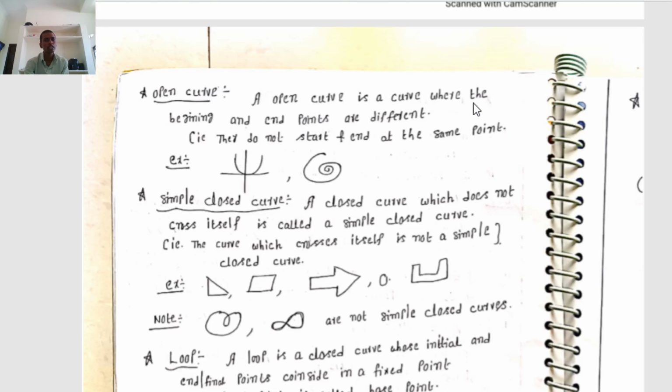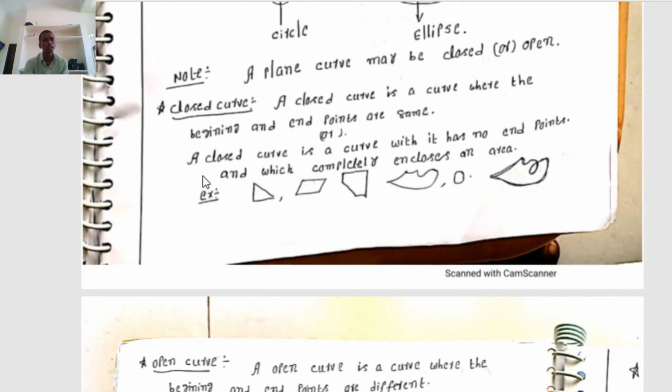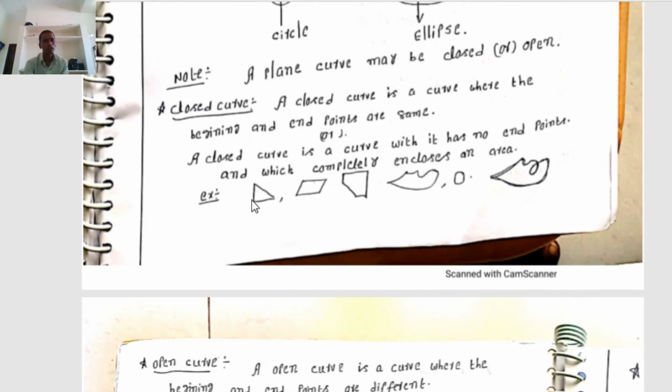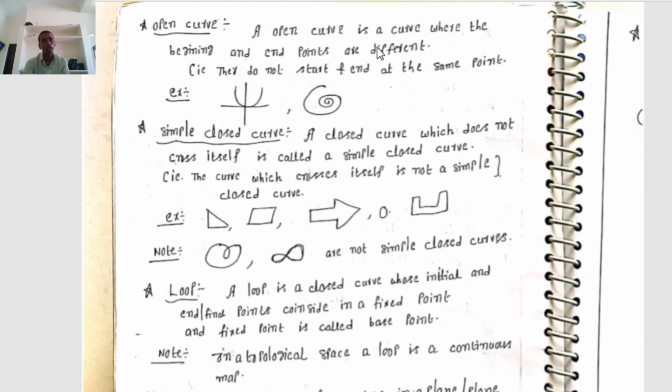Simply, they do not start and end at the same point. In a closed curve, the starting and ending points coincide at the same point. Therefore, an open curve is a curve where the beginning and ending points are two different points.